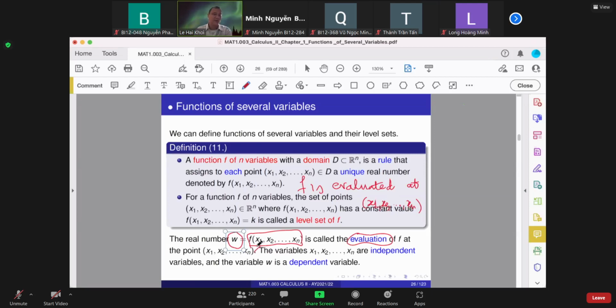Of course, x1, x2, ..., xn are independent variables, while w is the dependent variable. That is evaluation and evaluated.